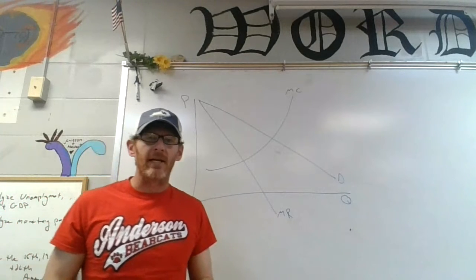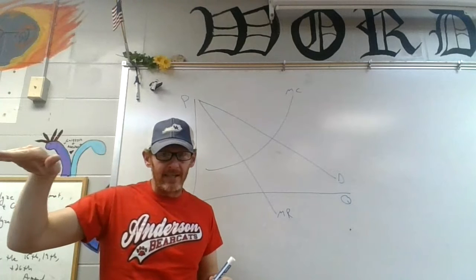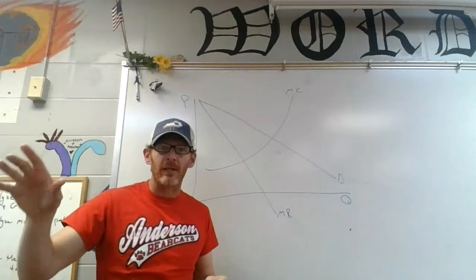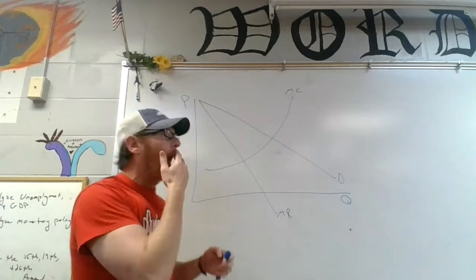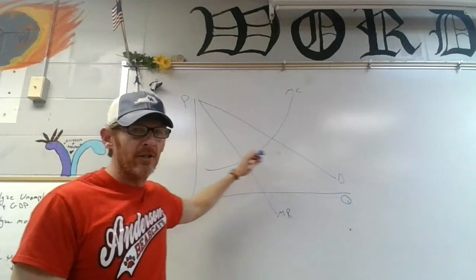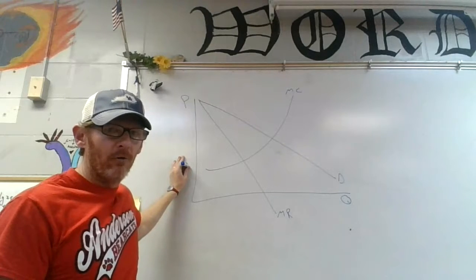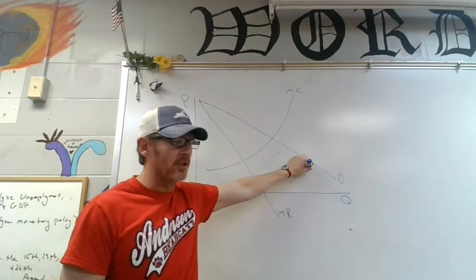And the reason it's not the same as that elastic line where demand and marginal revenue equal each other is because the demand curve is downward sloping. What this means is, to get people to buy more of the product, they have to lower the price to sell more.